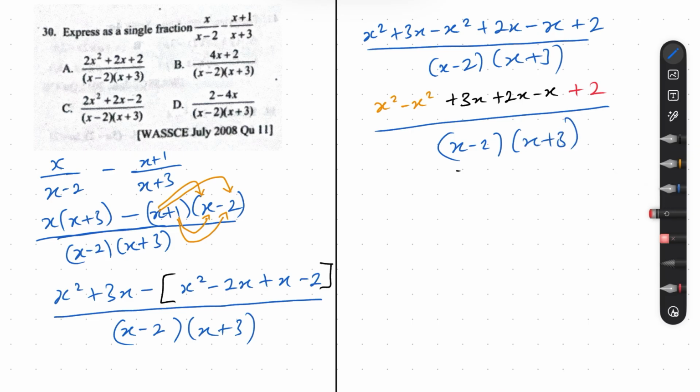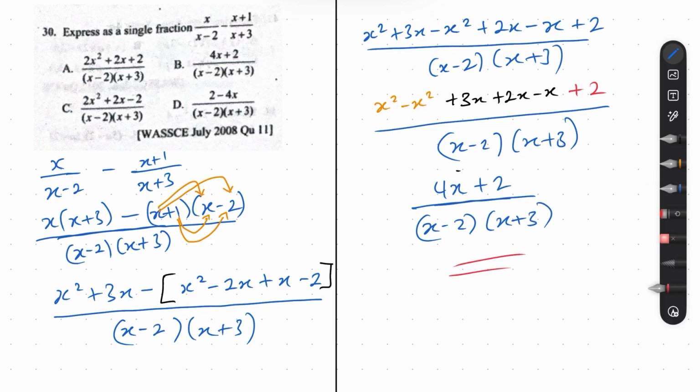Now we can simplify. x squared minus x squared is 0. 3x plus 2x is 5x, minus x is 4x. So we have 4x plus 2 all over x minus 2, x plus 3. So this is our answer.